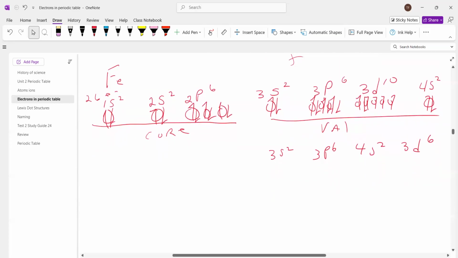Okay, so we're going to do zinc. And zinc's got how many? Oh, let's see. 30. So we have to account for 30 electrons.